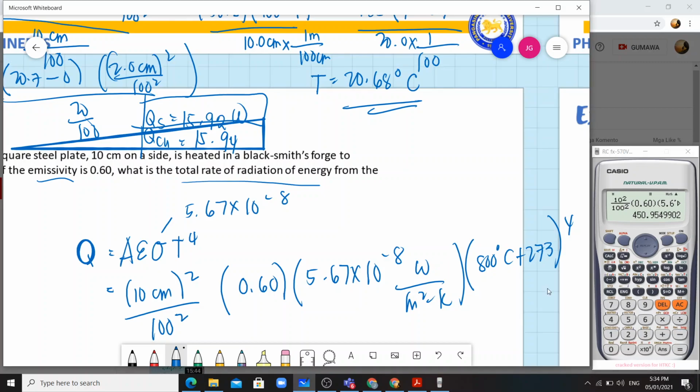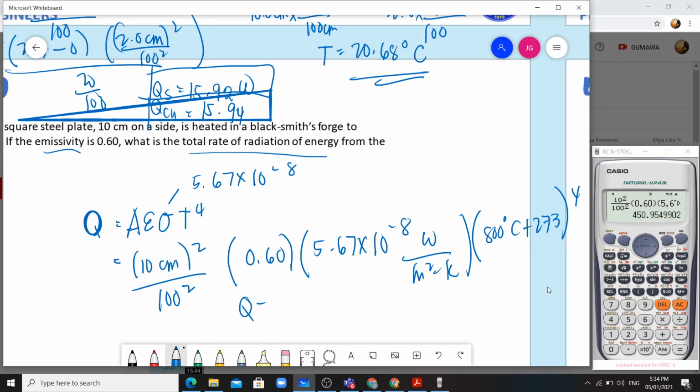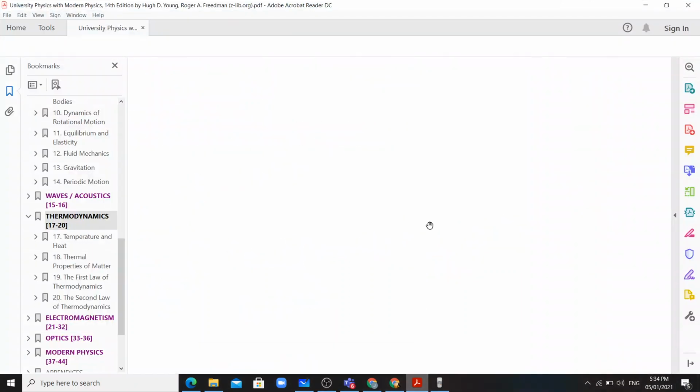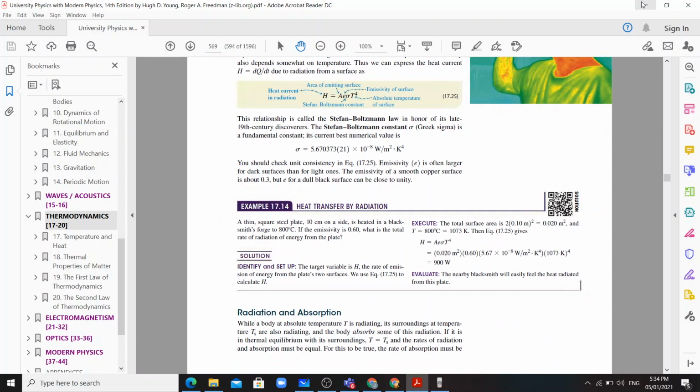Okay. So, ang Q natin is nasa 451 watts.